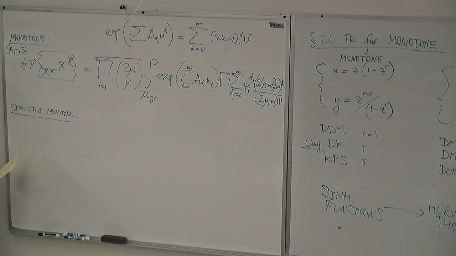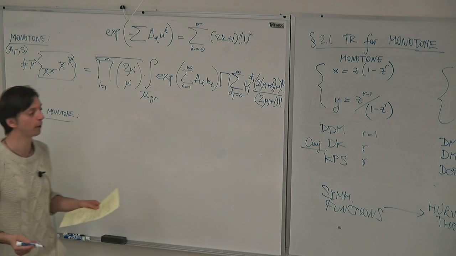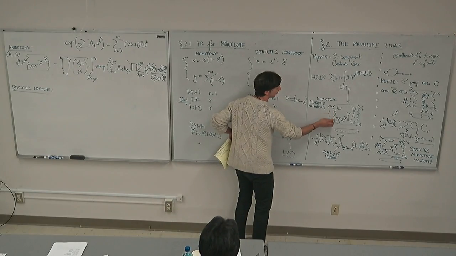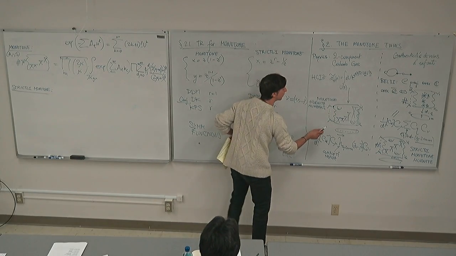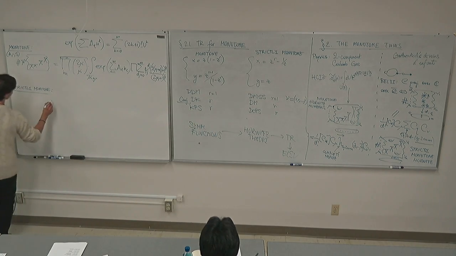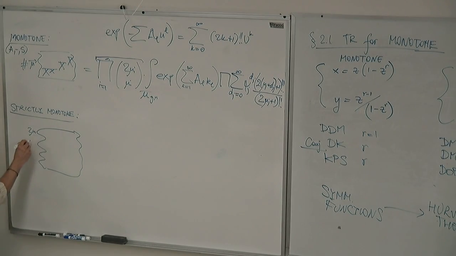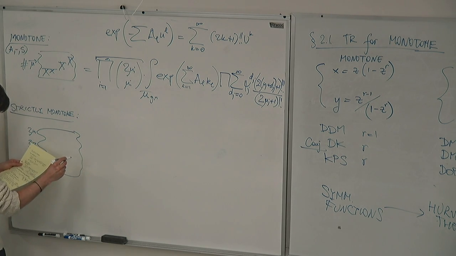However, Bonzom and Yosefeld still managed to get a formula, but in a different way. And it's not for all the strictly monotone. It's just in the case where these parts over here are even. So if here I put now 2 mu_1, 2 mu_2, up to 2 mu_n, then you get a beautiful ELSV formula.